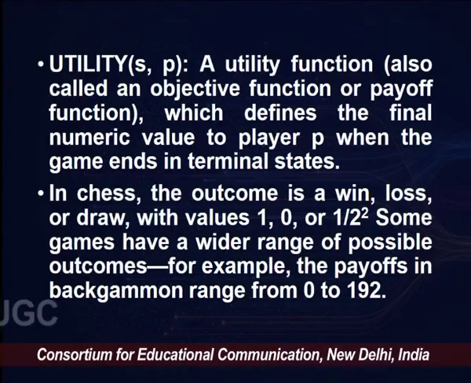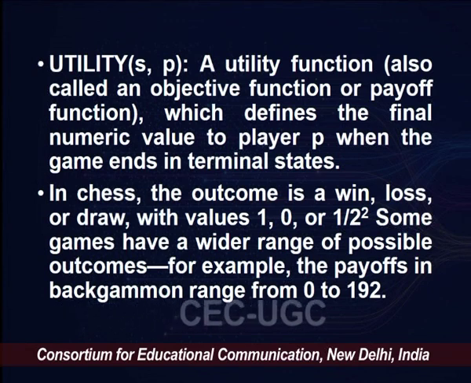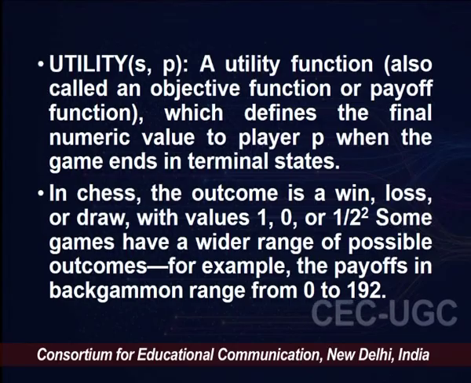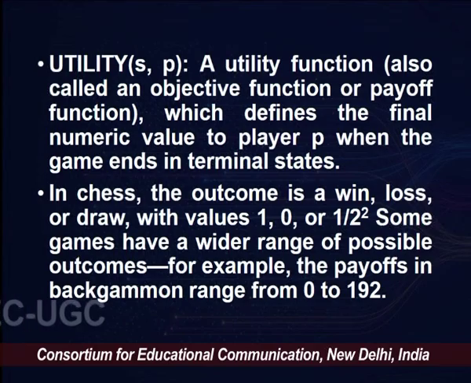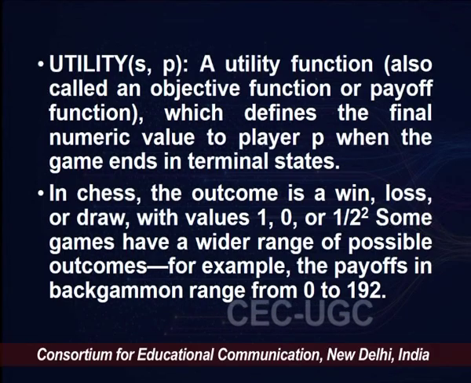Within this line, we have one more dimension, which is utility. Utility is actually defined on the basis of two parameters, S and P. And utility here is actually a function which we call simply a utility function.